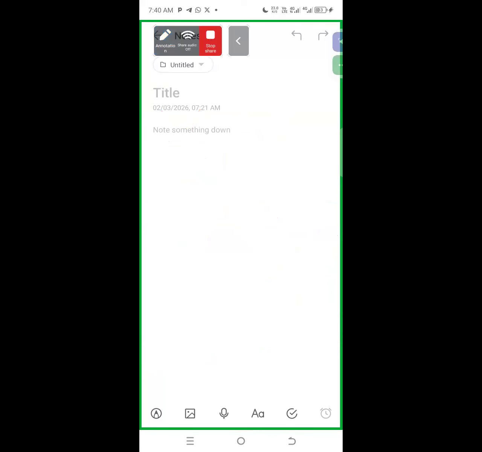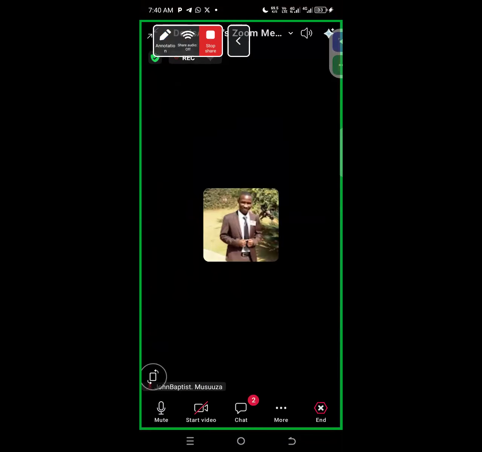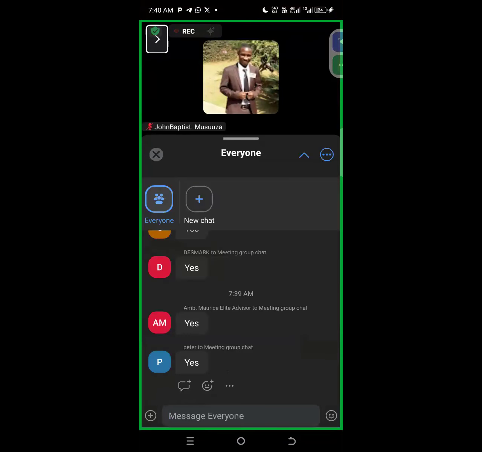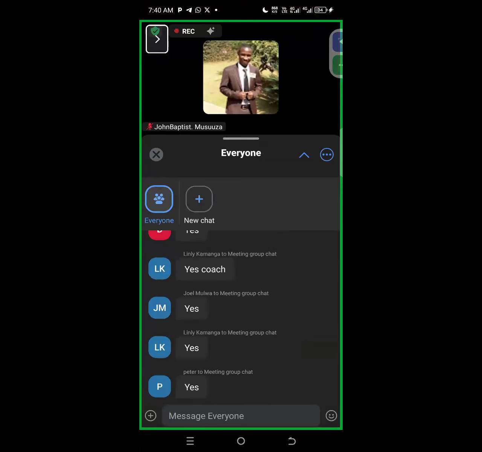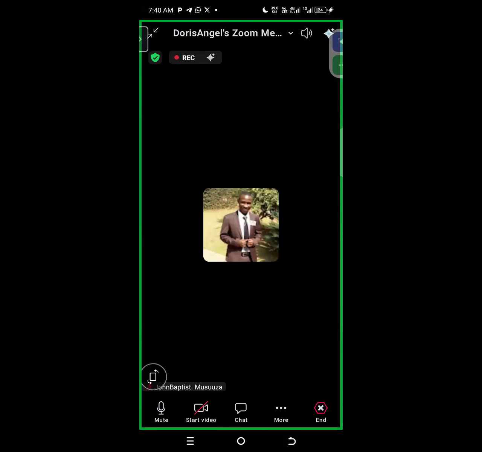Let me know if you get it. We are going to the trading view app.